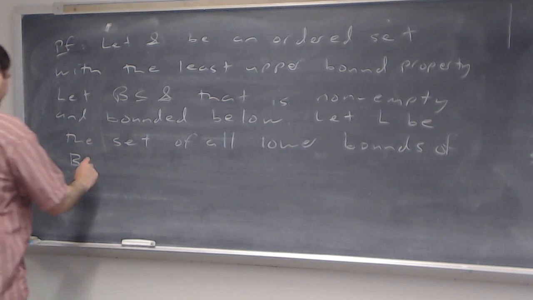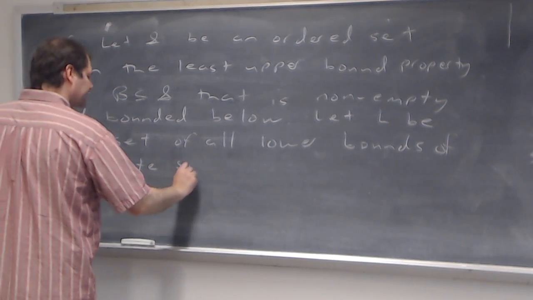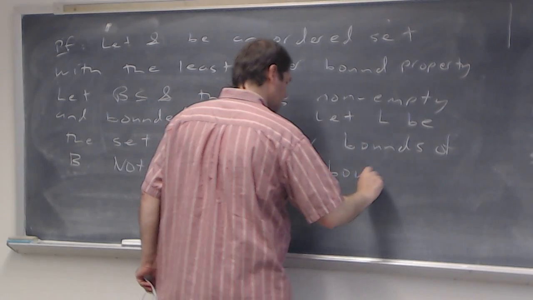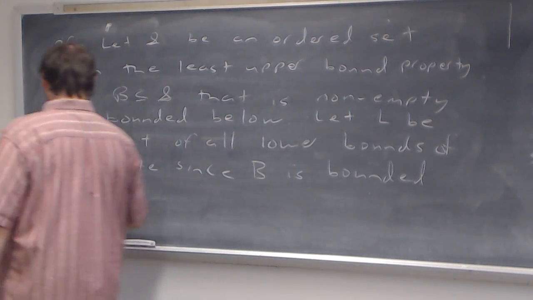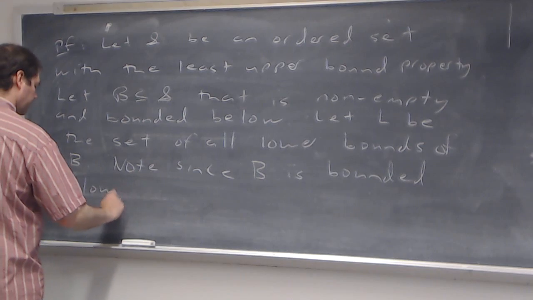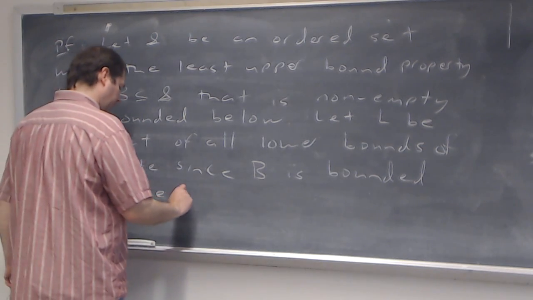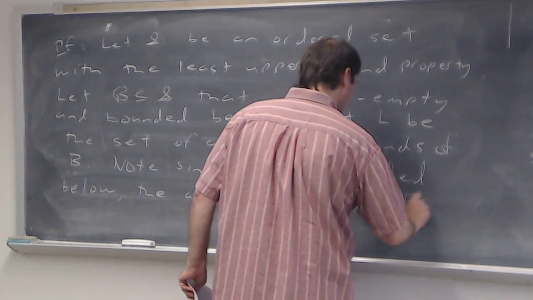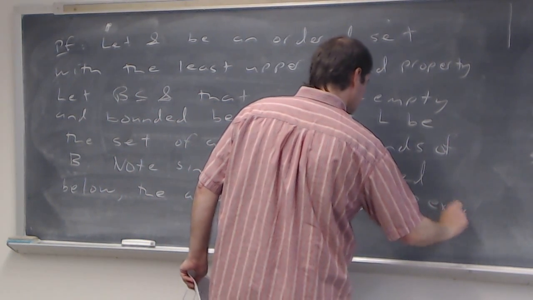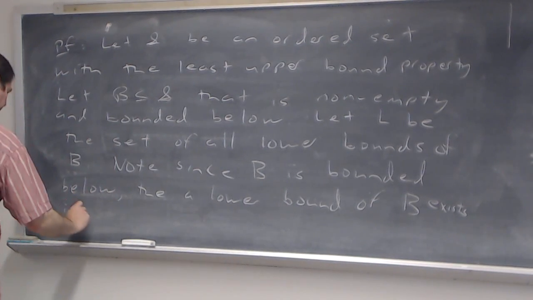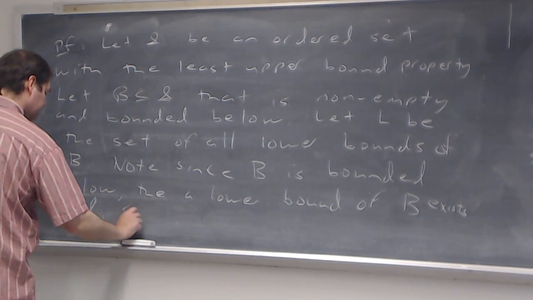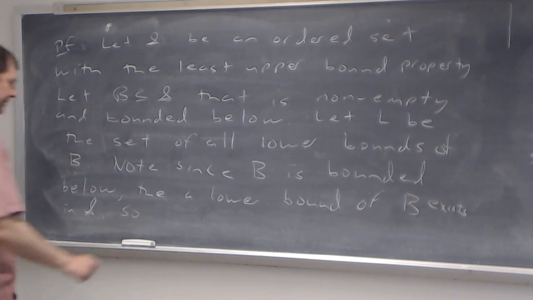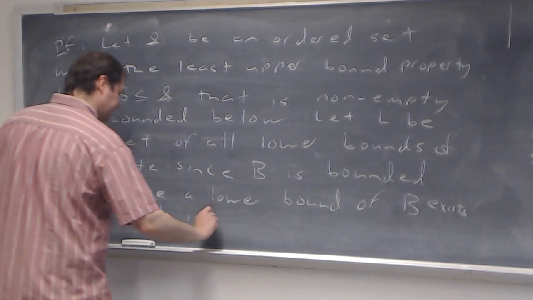First thing we notice: since B is bounded below, a lower bound of B exists in S. So L consists of all the lower bounds in S of B. So that means L is non-empty.